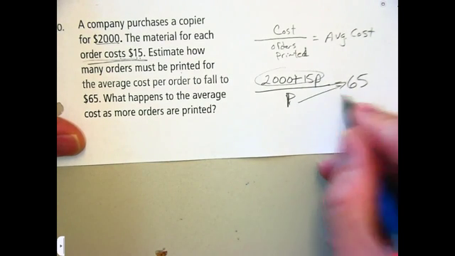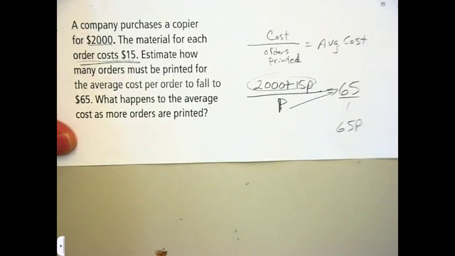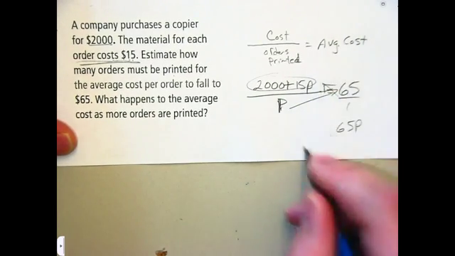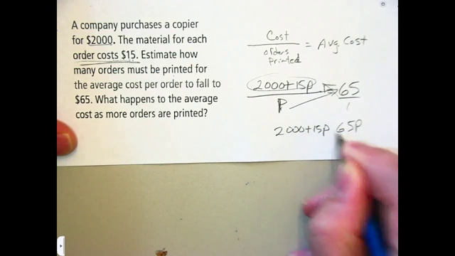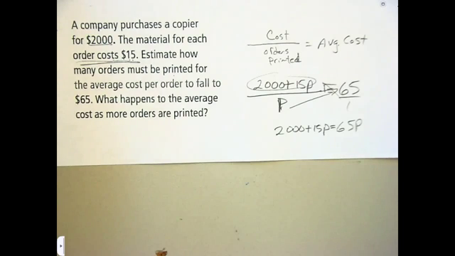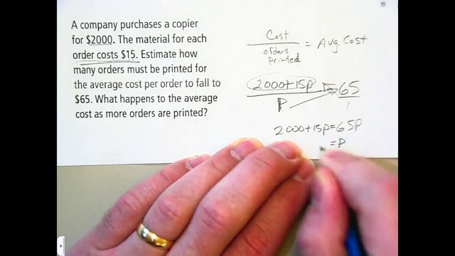So we cross multiply. It gives me 65p, and that's equal to 2,000 plus 15p. All right, we go through and we actually end up solving that out. You get P would equal 40.